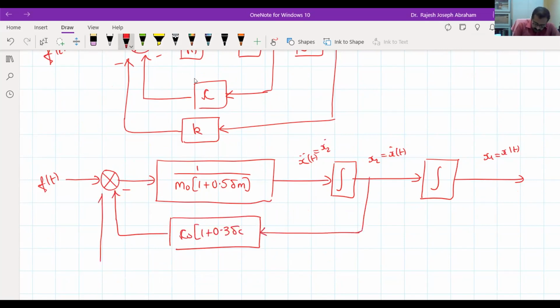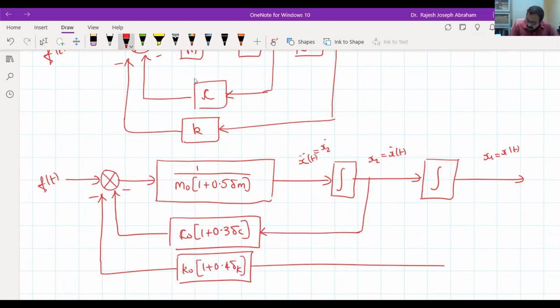Then another negative path with a gain of k naught into 1 plus 0.4 delta k, coming from x1. So there are variations in all these things. We need to pull out the perturbation in mass from the perturbed mass, the perturbation from the perturbed damper, and the perturbation in the spring from the perturbed spring.